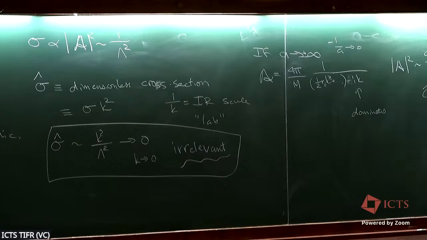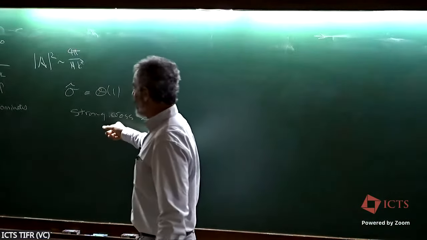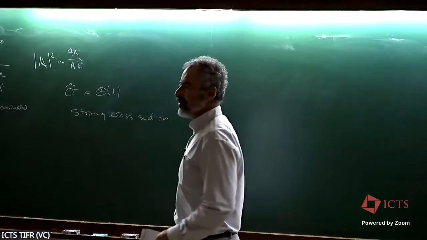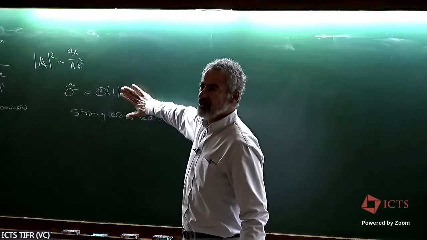However, we find that it is not necessarily irrelevant, because if I fine-tune the UV theory, I can change it to be called a marginal interaction, namely one where I get a cross-section of order 1.